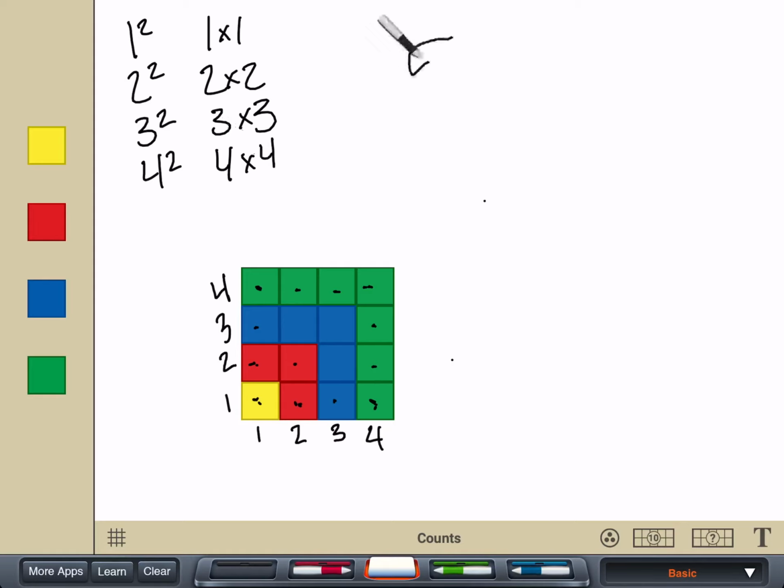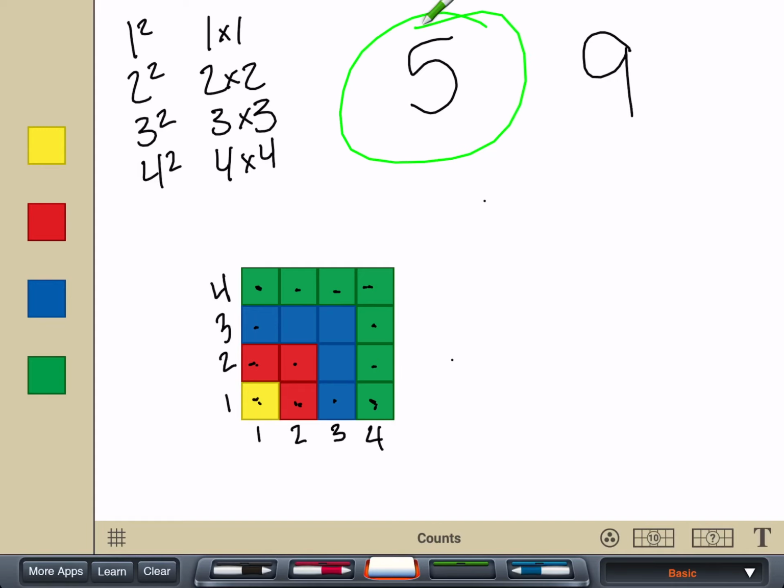Does the number 5 come next or the number 9? Which one? I want you to point. Okay, if you said 5, you are correct. 5 comes next.